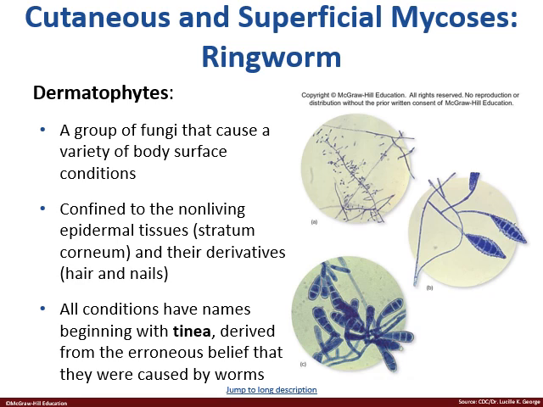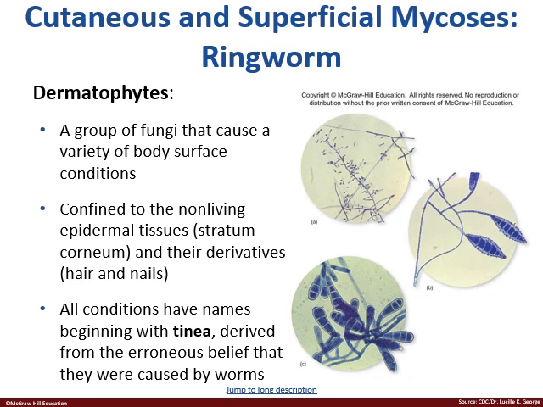At the edge of the fungal growth, there will be an area of inflammation. So you'll actually see a red ring, and people saw that red ring. They thought it was actually a worm growing under there.